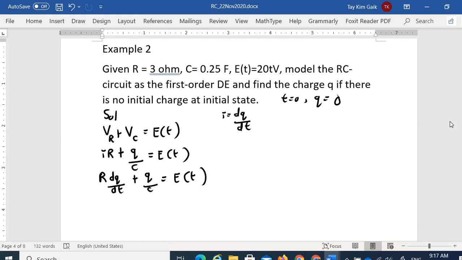Now we plug in the R, C and E(t) values. R is 3, so we have 3 dq dt, C is 0.25, E(t) is 20t.